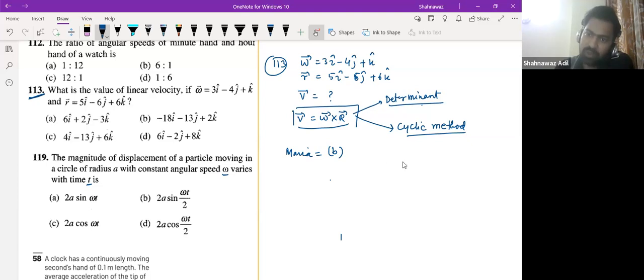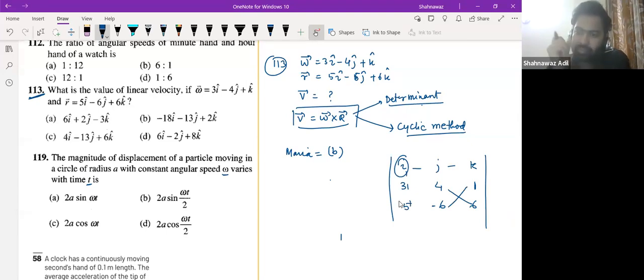So this is omega cross R. i j k, this is omega, and then this is R. Option B. So Shahid is also getting option B.